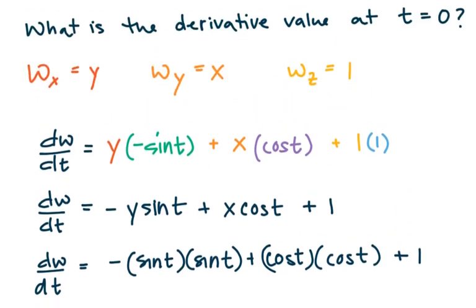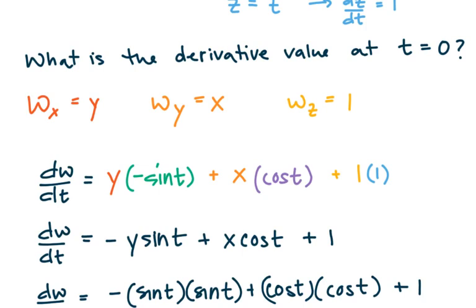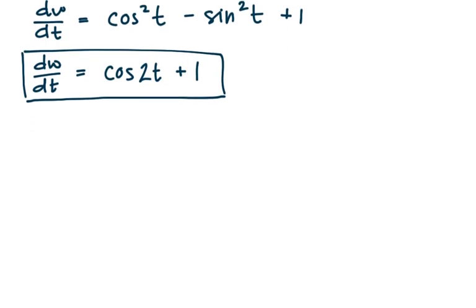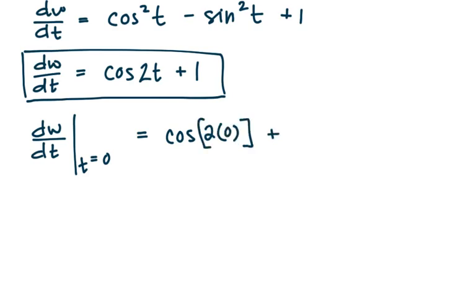We want to recall we were asked to evaluate the derivative at t equals 0. So dw/dt at t equals 0 is going to be cosine of 2 times 0, plus 1. Cosine of 0 is positive 1, so 1 plus 1.